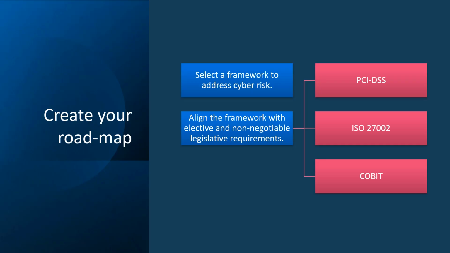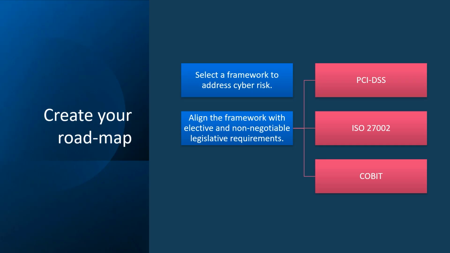And then we'll take that framework as an example and align it with elective and non-negotiable legislative requirements. This could be, for example, PCI DSS, the payment card industry requirements, and how we feed that back into our framework and use dashboards to monitor that.